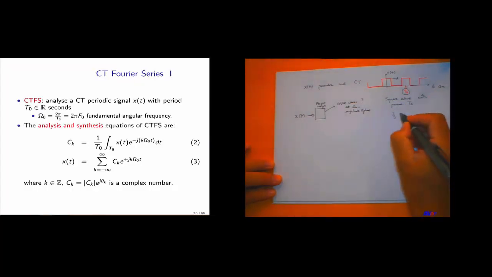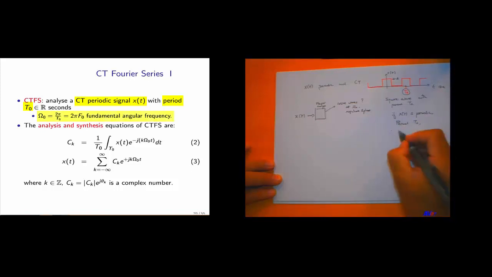If my x of t is periodic, its period is T naught, therefore its fundamental angular frequency is omega naught equals 2 pi f naught, which is 2 pi over T naught, and T naught is this guy.